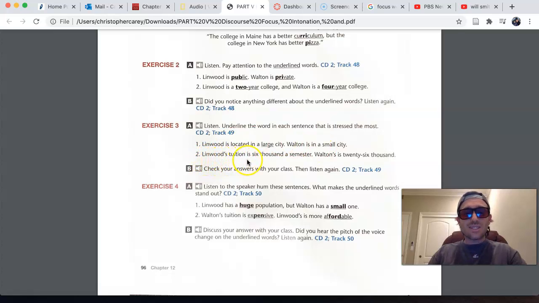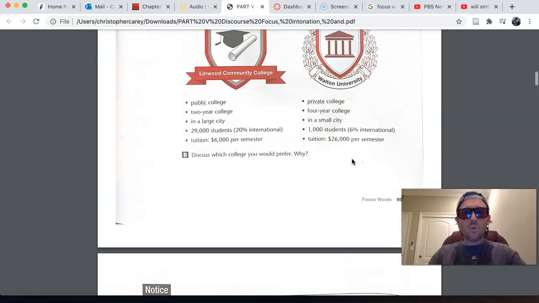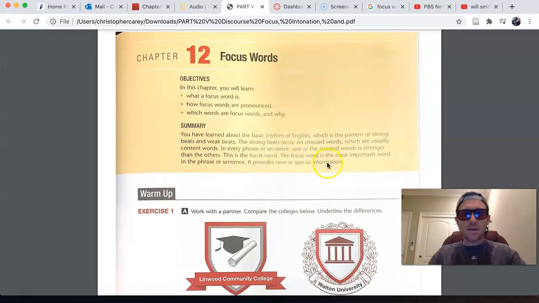Linwood's tuition is $6,000 a semester. 6. Walton's is $26,000. 26,000. So you can see how these focus words, again, it's the most important word in the sentence, right?